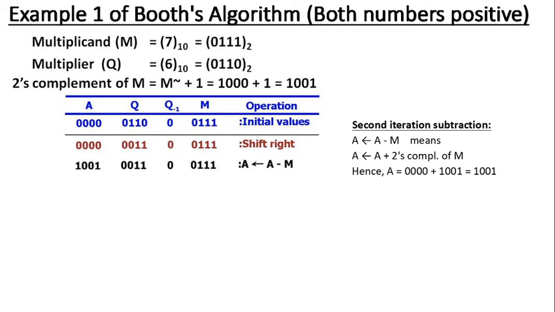Again, that arithmetic shift right operation is to be performed here on 9 bits of data, and that is nothing but the concatenation of register A, register Q and Q minus 1 bit. 9 bits of data is to be now arithmetically shifted towards right. That concept you are already aware of how to do. So accordingly here, that arithmetic shift right result has been shown.